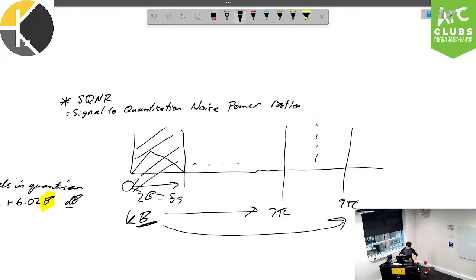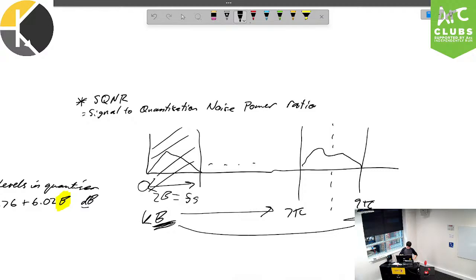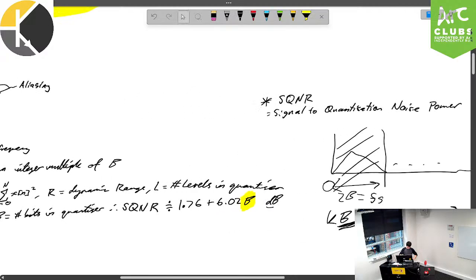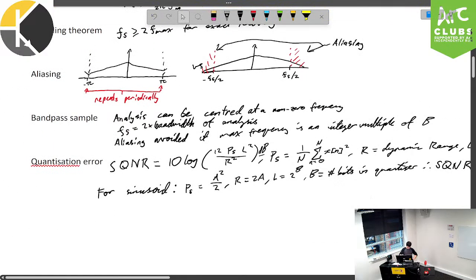And so you can shift your analysis up by a multiple of pi times whatever number you want, okay? And that allows us to recover whatever signal we want in this kind of region. So that's all the bandpass stuff really is.